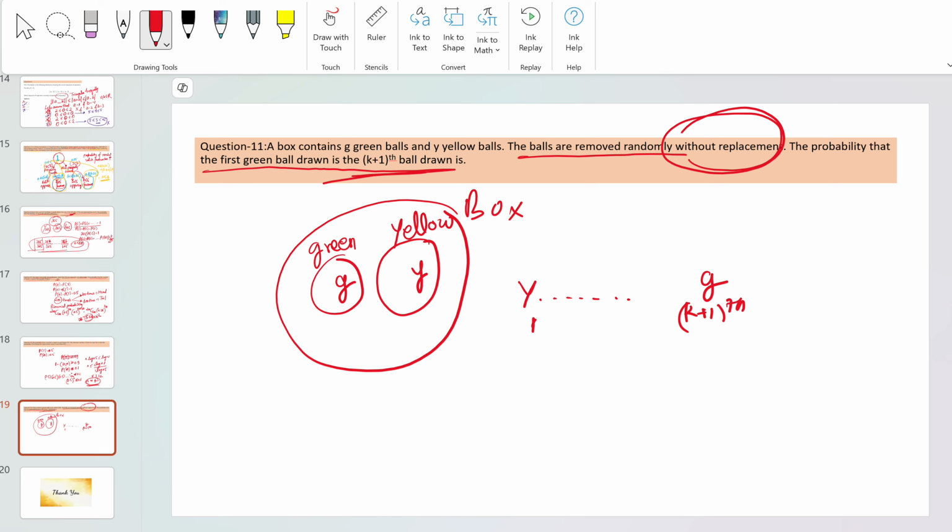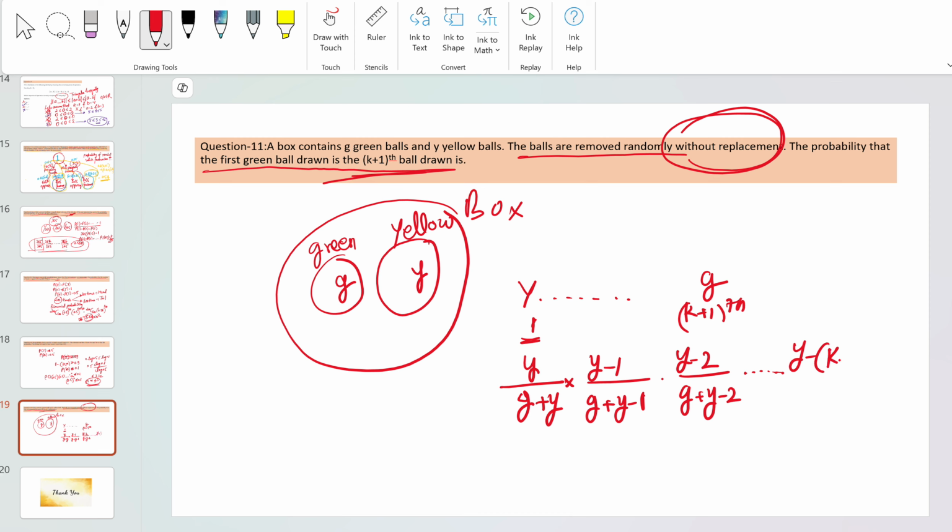Let's see. For getting the first yellow ball, the probability will be Y divided by the total, that is G plus Y. Then, when you are not replacing the ball, the probability will be (Y minus 1) over (G plus Y minus 1), then (Y minus 2) over (G plus Y minus 2), and so on, going till the last yellow ball, (Y minus k plus 1) over (G plus Y minus k plus 1).